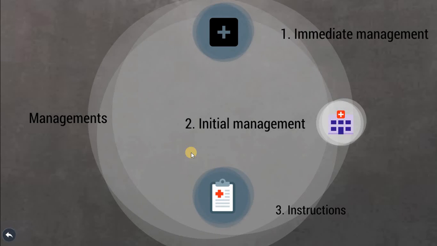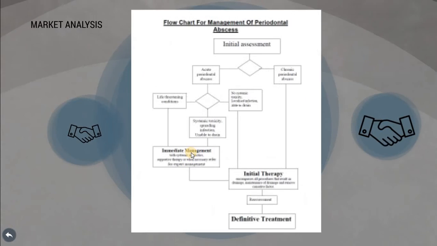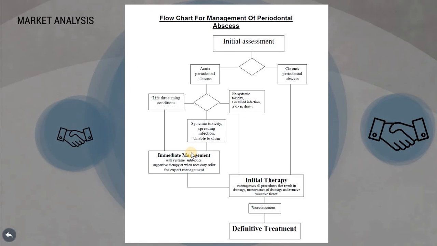Related to treatment, we have immediate management, initial management, and instructions. If we have an acute abscess and the condition is life-threatening, then systemic antibiotics, supportive therapy, and when necessary, consulting an expert.